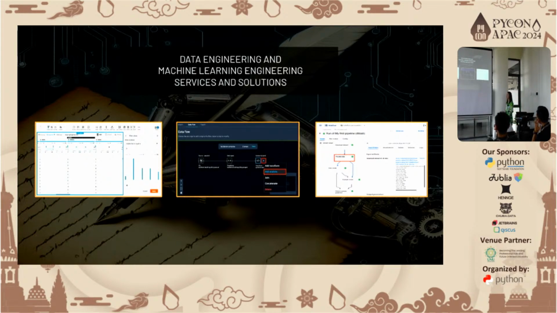Previously, we had to manually clean a lot of the data, looking at numerous spreadsheets, but with certain solutions that could help us with data engineering and machine learning engineering, there are services wherein even the interface looks very similar to spreadsheets. So now there are more solutions out there that are easy even for people with no-code to little-code experience.